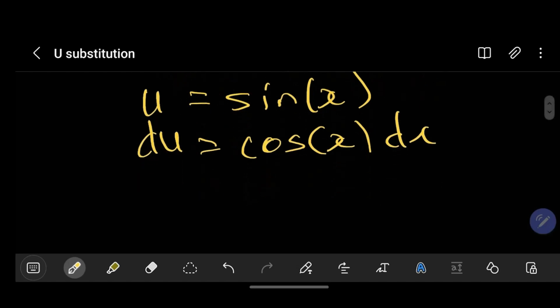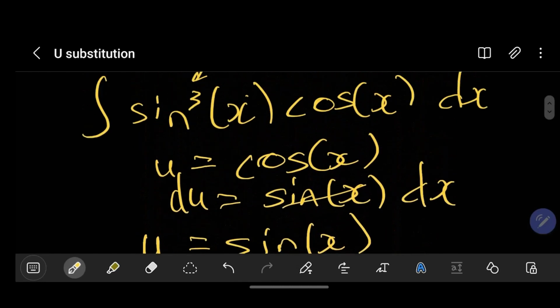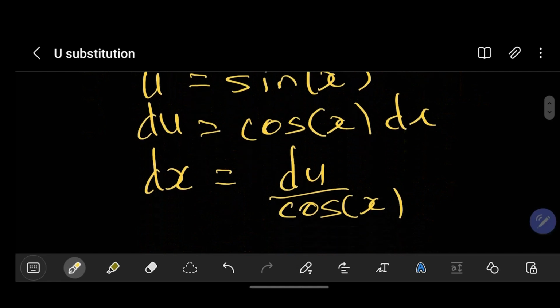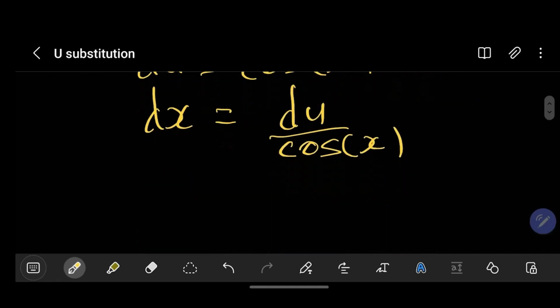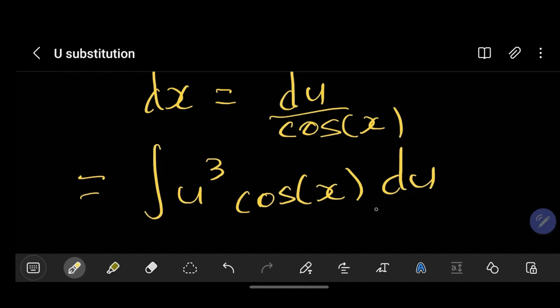So our dx is equal to du over cos of x. And we can see from this that the cos of x's will cancel out, so we won't have any x's remaining. So this is now rewritten as the integral of u cubed cos of x du over cos of x, and the cos of x's will cancel out.